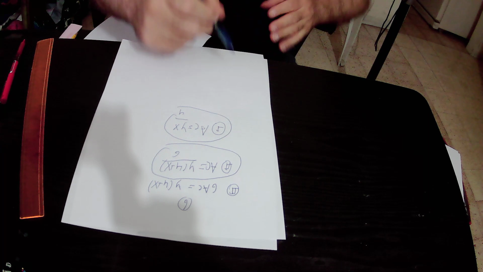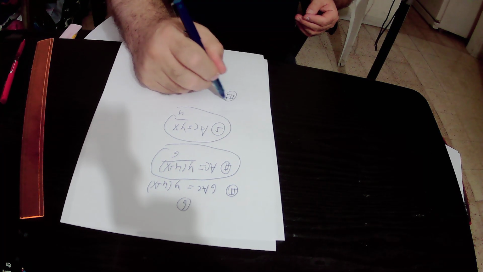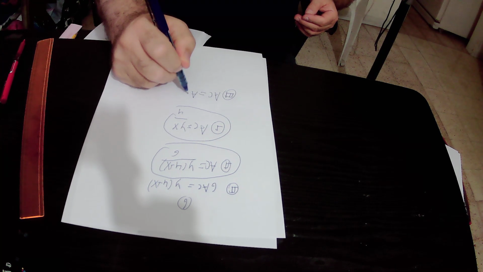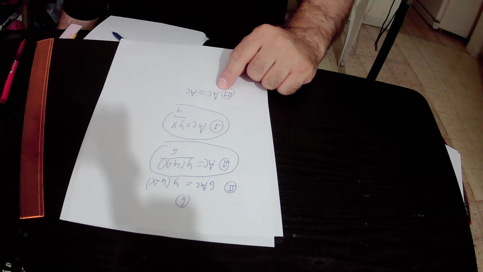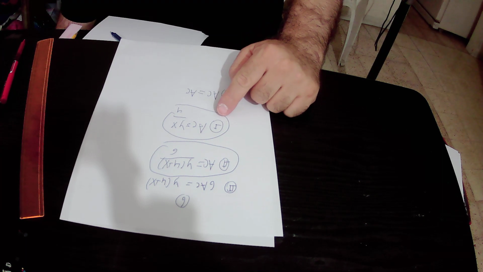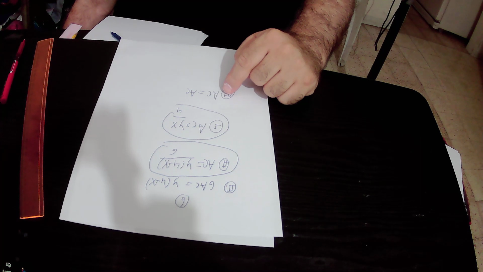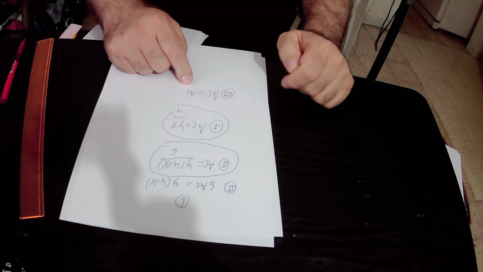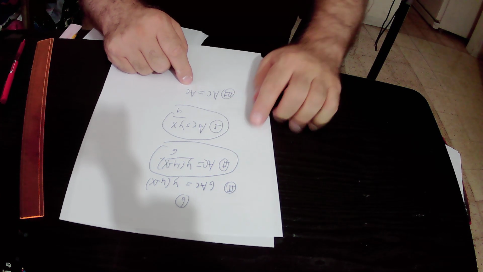So we will create equation number 3 that states that AC equals AC, and we will substitute the value of AC from equation number 1 on this side of the equality, and we will substitute AC on the other side by the value of AC in equation number 2.